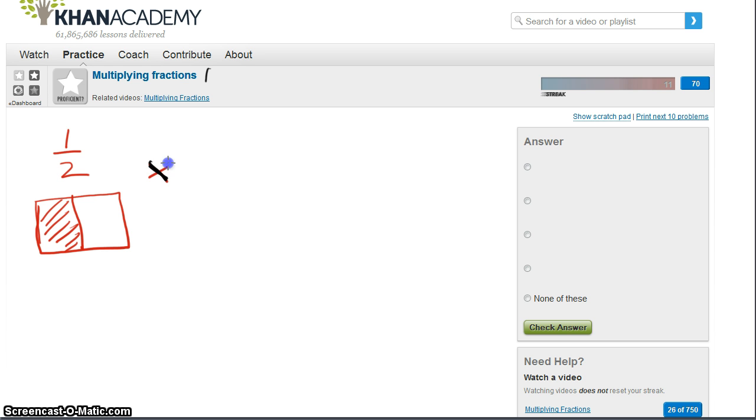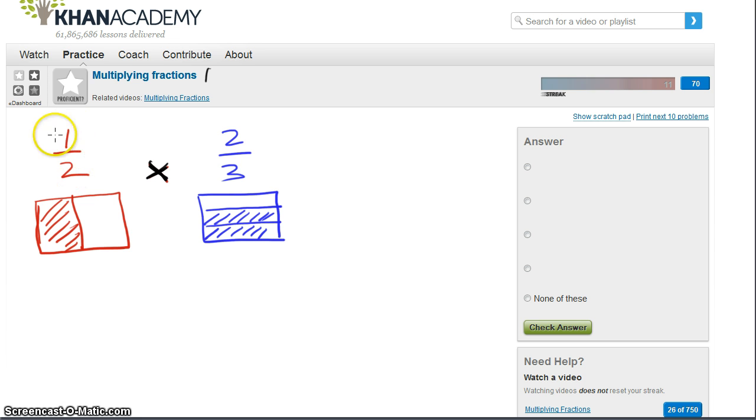Multiply that out by, say, something like 2/3. And then you could draw another box. But this box, actually slice it this way. So you pose the question like that. What is 1/2 times 2/3?